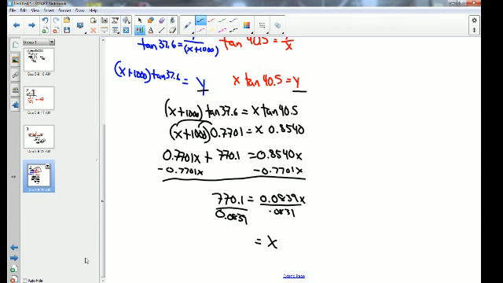What's the answer? Probably slightly different than the book.